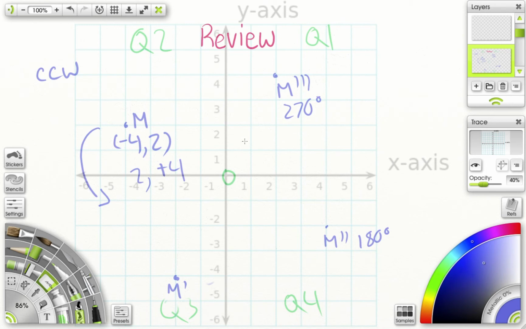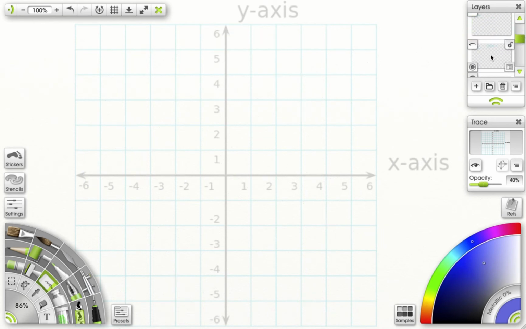The problem is sometimes your original point is in a different quadrant, so then the rules tend to change a bit. The only way I could do it is if you wrote out like 16 different rules, depending on where you're starting, and that's just a little bit too complex. So a lot of what we're doing is based off of knowing what a rotation would look like.